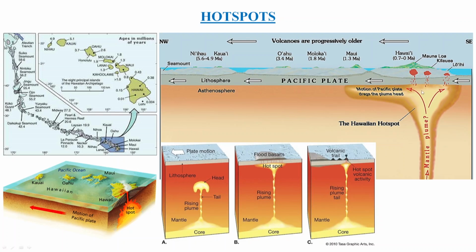So based on this also, people have calculated the movement of different plates, the absolute plate motion of different plates, based on the fixed location of a mantle plume. If you have a fixed location of a mantle plume and you know the age of each volcanic island, then you can predict the time required to move from the source of the mantle plume to the present position of the volcanic island or seamount.